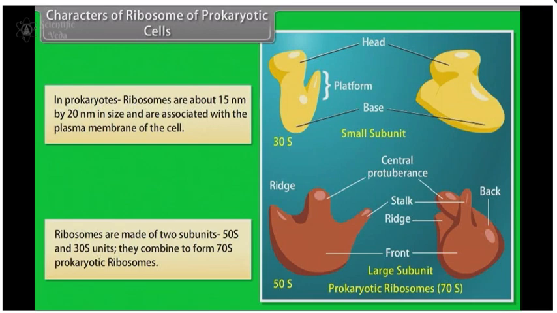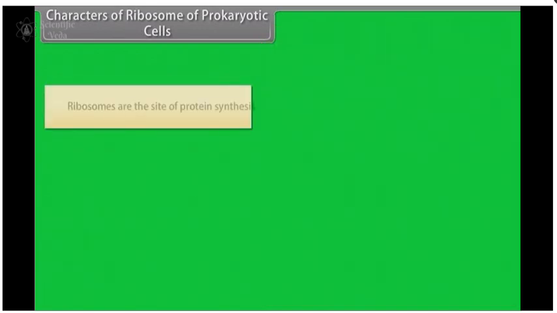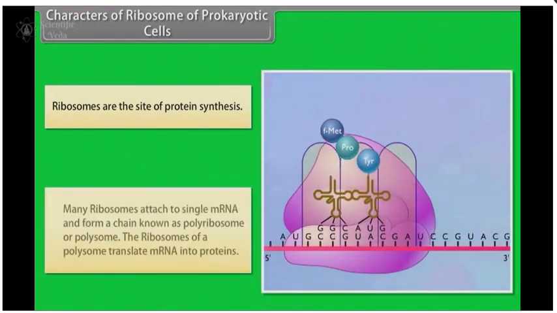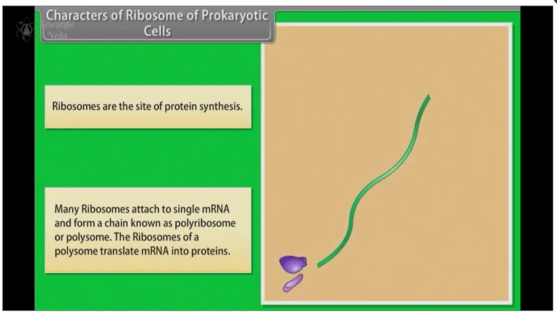They combine to form 70S prokaryotic ribosomes. Ribosomes are the site of protein synthesis. Many ribosomes attach to single mRNA and form a chain known as polyribosome or polysome. The ribosomes of a polysome translate mRNA into proteins.